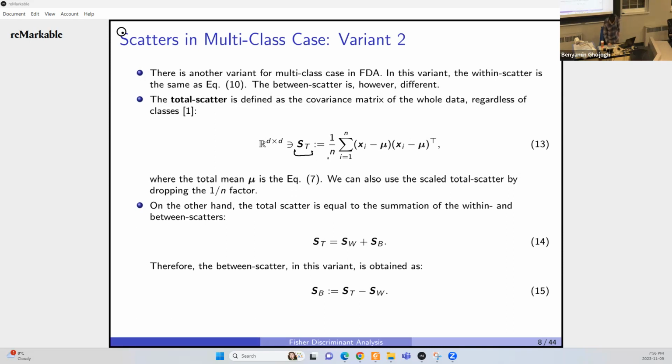The covariance matrix of the whole data, ignoring the class label, right? Now, it can be easily seen, prove that total scatter equals within scatter plus between scatter. Okay? Now, rearrange the whole thing. SB becomes ST minus SW.